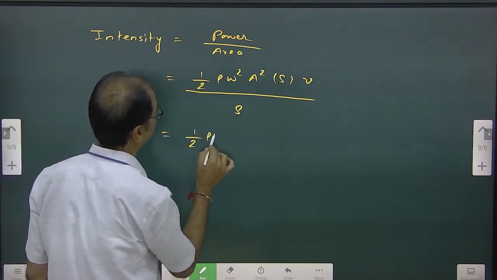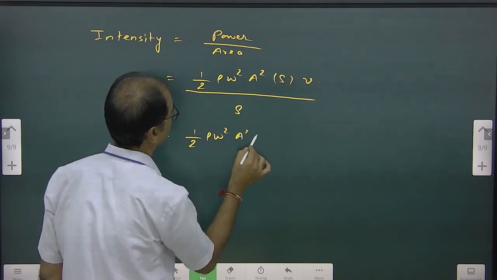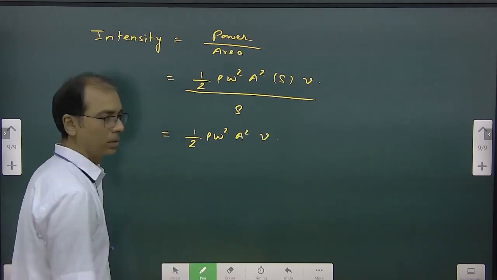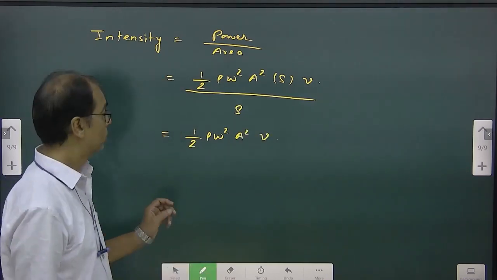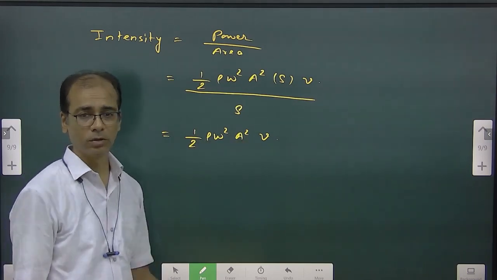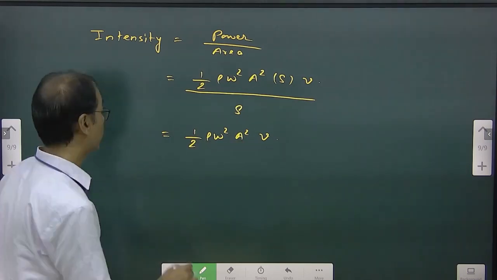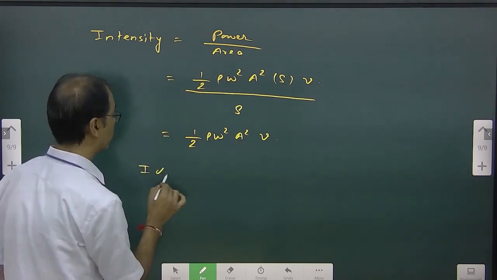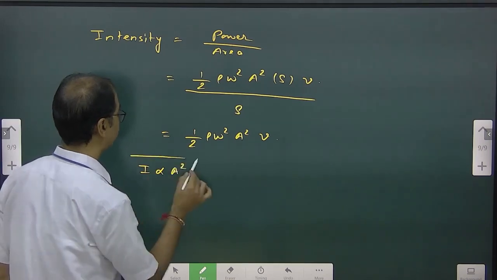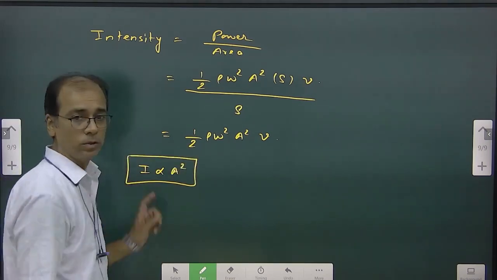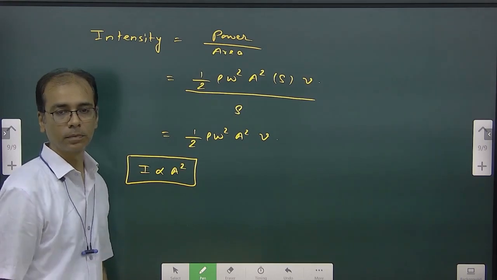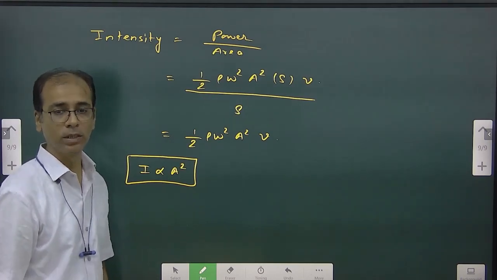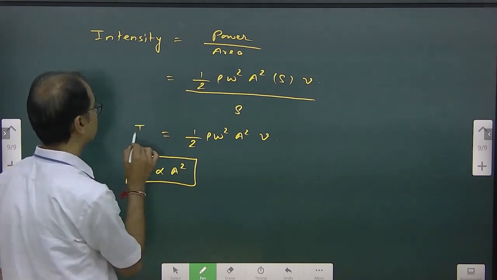Half rho omega square a square into velocity. In this one, what are constants? Rho constant, omega constant, v constant. So that's why we write intensity is directly proportional to amplitude square. This is what you have studied. Intensity is proportional to a square, and this is intensity.